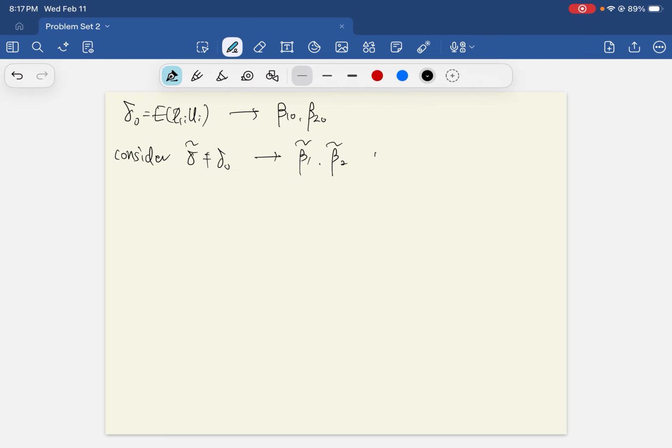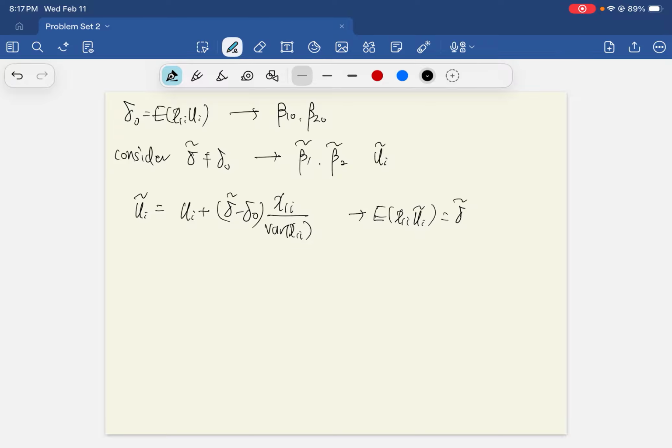The idea is the same. I'm going to define u_i tilde. By changing the random variable, this error term u_i tilde will be u_i plus (delta tilde minus delta 0) times x1i divided by the variance of x1i. The idea is exactly the same. We have done this earlier, so then you can show that this new error term will give you covariance delta tilde.